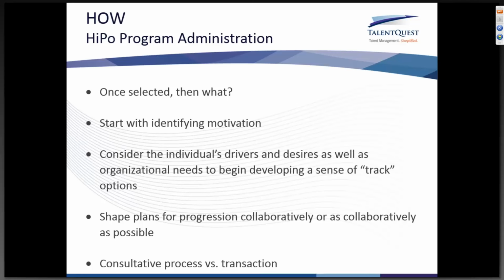And what we know is that high potential employees tend to really enjoy being involved in planning their own development. If we're looking for these folks to take responsibility for the organization, yet we're not going to give them any say or responsibility in getting themselves to that place, it's somewhat of a double message here.